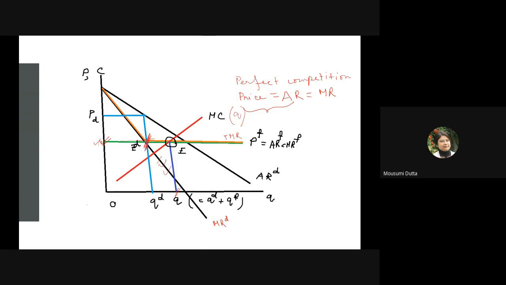At this point, total marginal revenue is equal, total marginal cost is equal to MRD. So the output to be sold in the domestic market is determined by this point, ED. This output is given by QD.